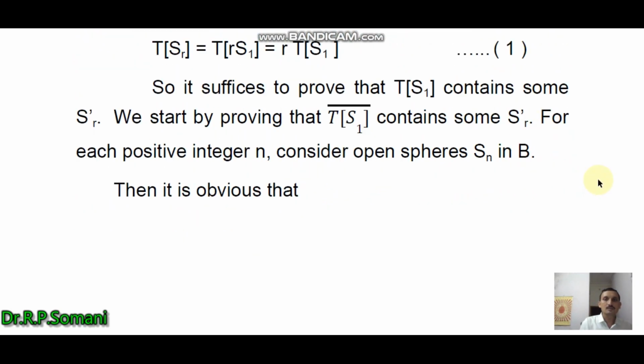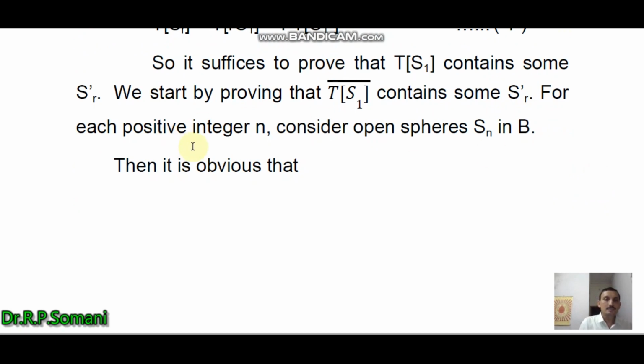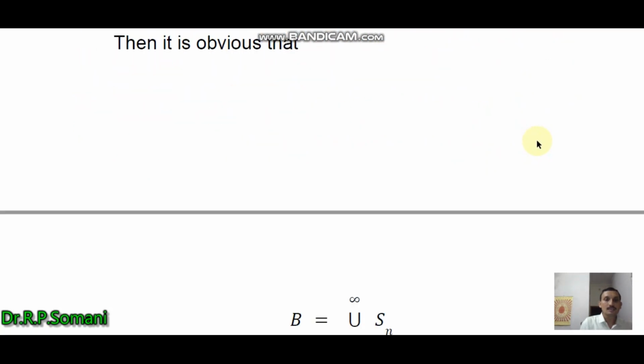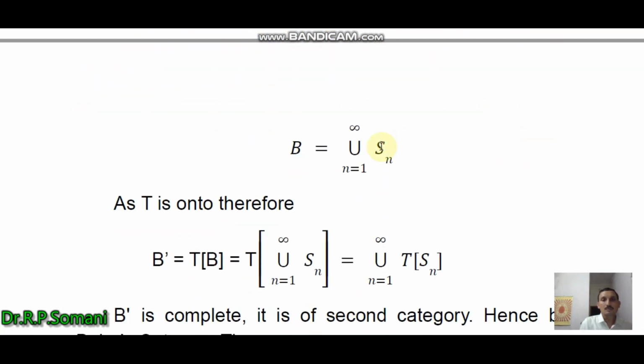For each positive integer n, consider the open sphere S_n in B. Then it is obvious that B equals the union of S_n for n equal to 1 to infinity. We obtain this because B is a Banach space, a complete space, and is of second category, so from the Baire category theorem this result can be obtained.